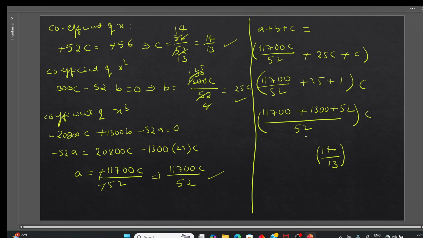Yes, 52. So here this value we get 1300 by 13. So the final answer is here 1403. Let's try to solve and simplify this. It takes time.